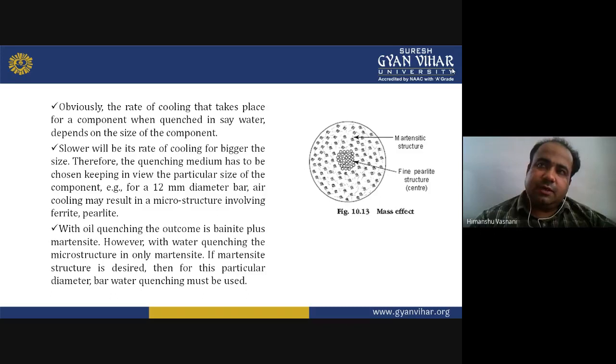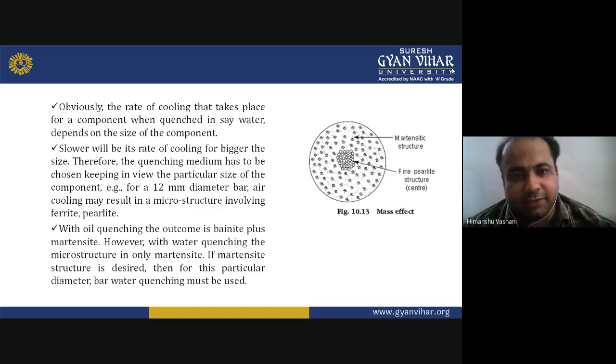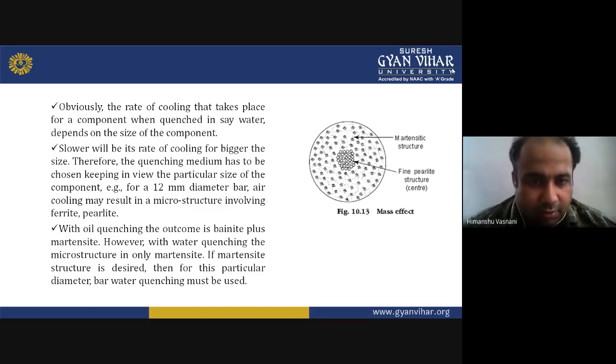If you put this explanation in a sentence, you can say that if the rate of cooling is slower, it might be because the size of the component is big. And vice versa, if the size of the component is big, then the rate of cooling will be slower.